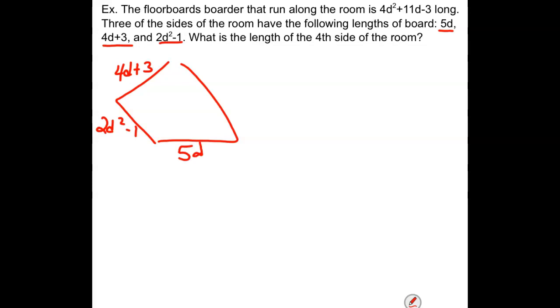We also know that the total all the way around the room, what do we call that? What's the name for that? If we go all the way around the outside? The perimeter, good. We know that the perimeter is 4d squared plus 11d minus 3, okay? If we know the whole distance around, and we know 3 sides, what could we do to find the fourth side?